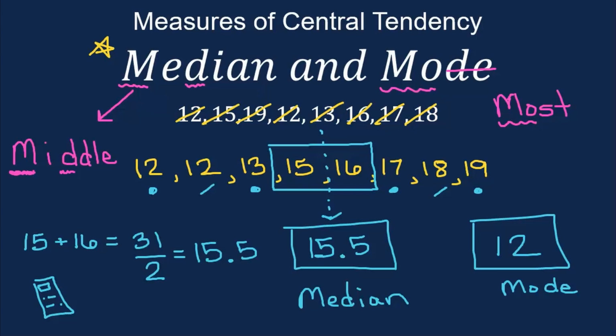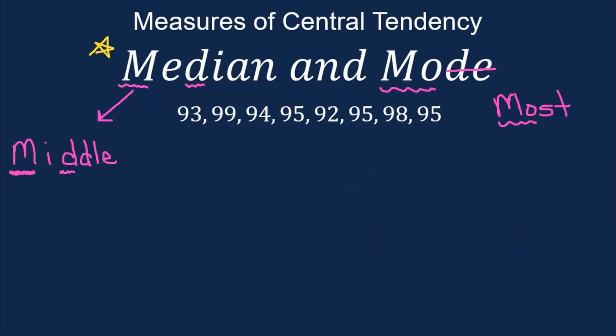Let's go ahead and do a third set of data. Here we go. For this data set, I chose slightly bigger numbers, but we're still going to do exactly the same thing with the data set. It's all in the 90s, and so we're going to write 92 as the first number we see. 93 and 94 are next. I have 95, 95, and 95.